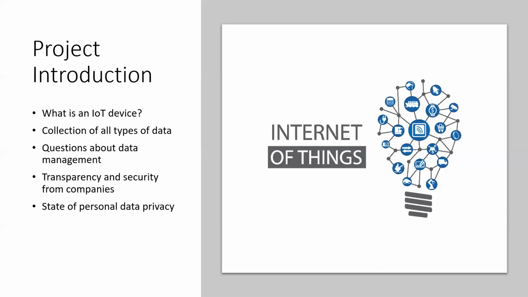Ultimately, I wanted to see transparency and security from these companies. And by the end of it, I would get an overall sense of the state of data and how data is collected within the Internet of Things, and if that potentially needed to be changed.